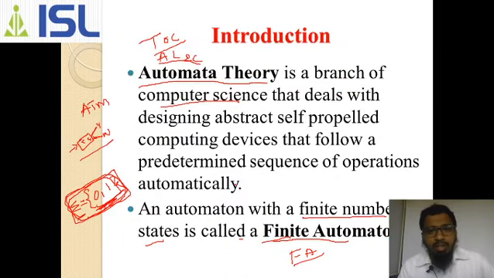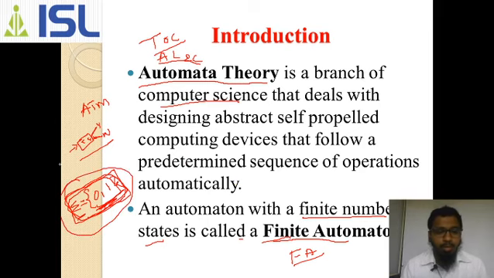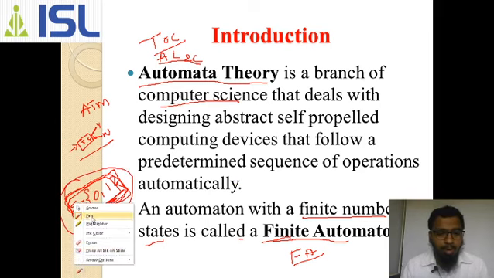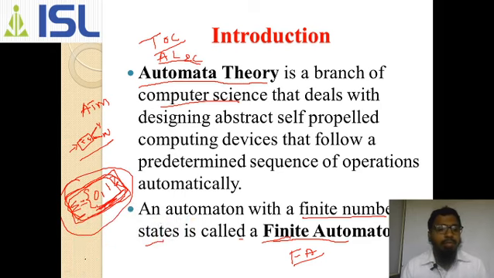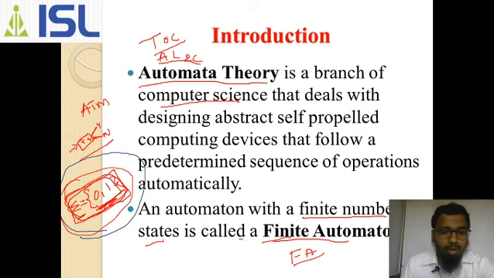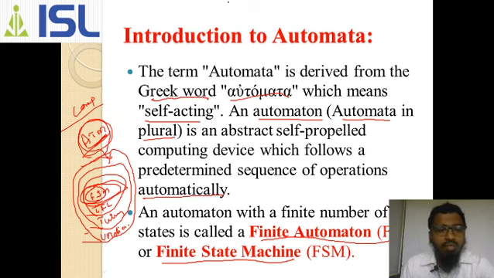So here we saw the introduction in the previous class, and we saw what is automata theory and what is the finite number of states. I told you about this one. Ink color will be blue. So this is a finite automaton, and after that I took the example of ATM.